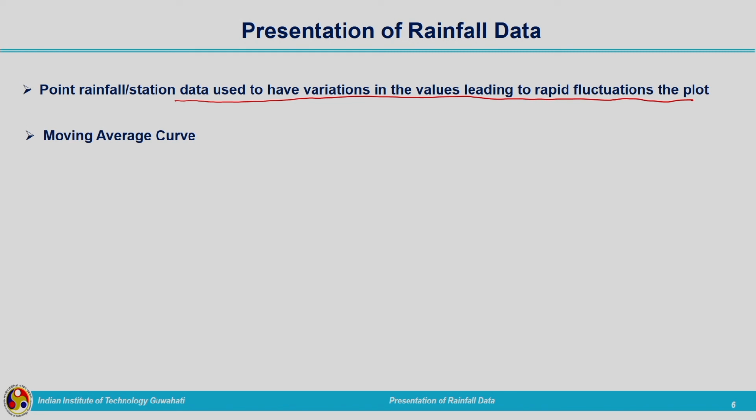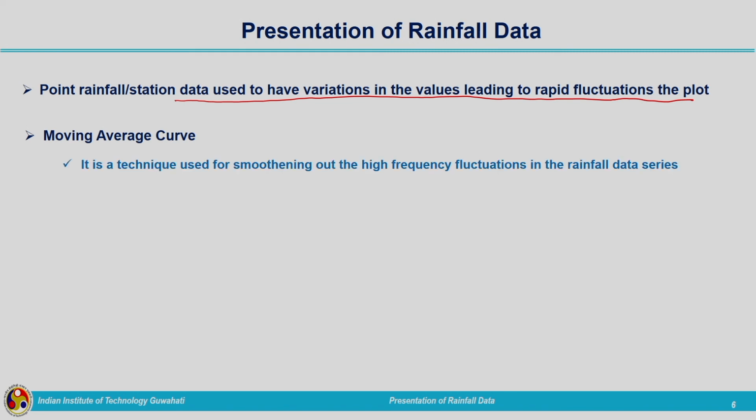So, what is moving average? What are we doing in this? For smoothening out the high frequency fluctuations which are present in the rainfall data, we will be doing certain averaging. As the name suggests, moving average. So, averages are calculated from the rainfall data. This is a technique for smoothening out the high frequency fluctuations present in the rainfall data.